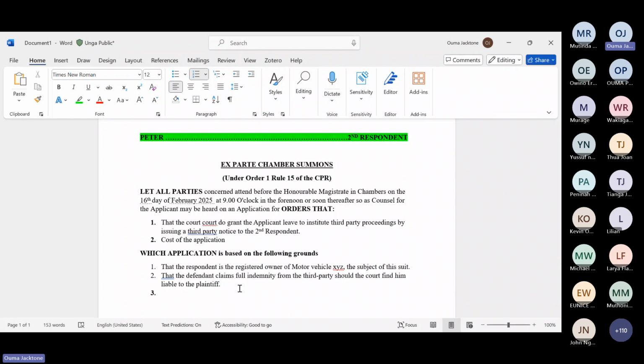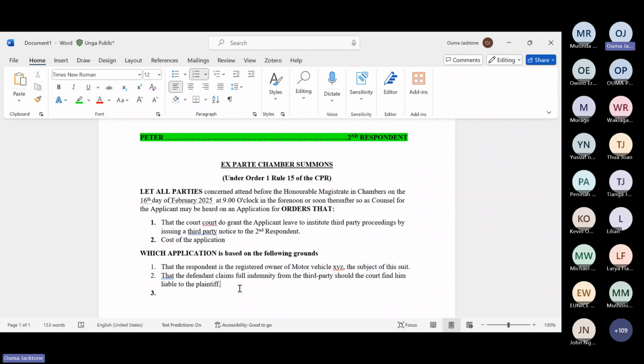But in the question that you're going to have, you will see why this person wants to bring in a third party. It could be an accident claim. The third party could be the insurer. This other person could be the owner of the company, the person that was in charge, a traffic police, it could be anyone. So guys, the grounds of your application will always be in the question.